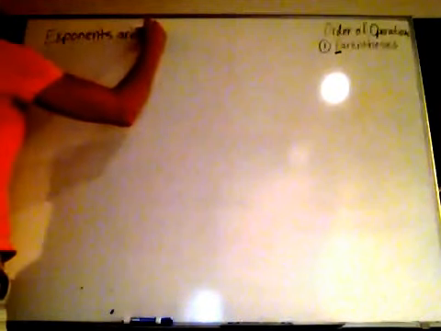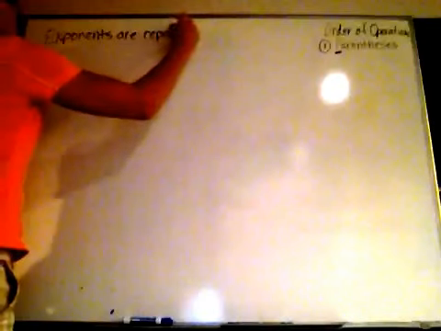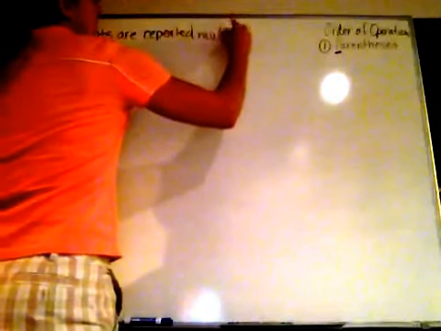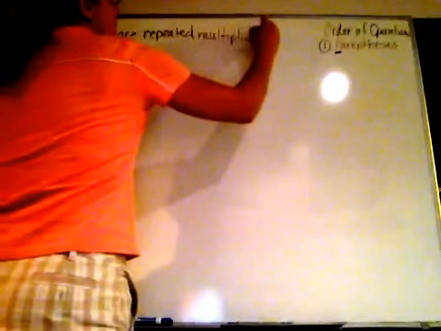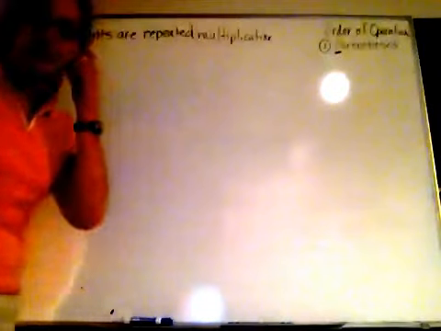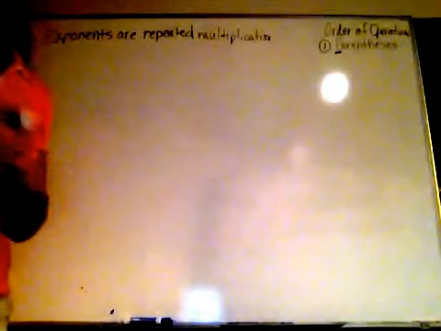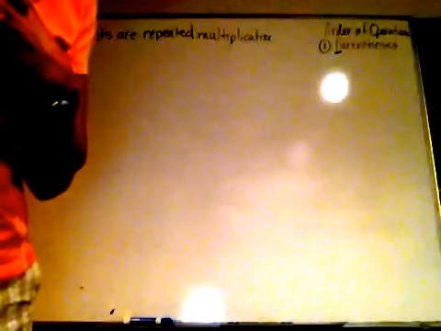are repeated multiplication, so that means we have to do exponents before we do any multiplication or division, okay, because that's a shorthand way to do multiplication.